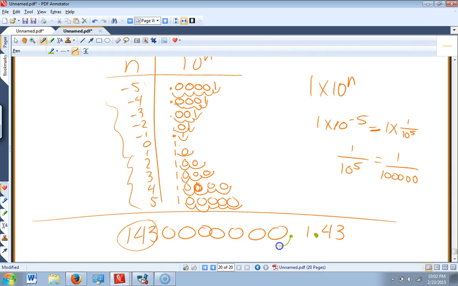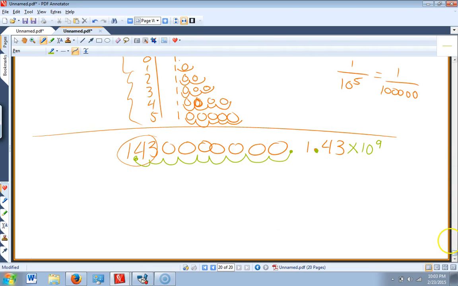So we're going to move it 1, 2, 3, 4, 5, 6, 7, 8, 9. Move it back 9 spaces, right? So that means we're multiplying 1.43 times 10 to the 9th. This is our place value. 10 to the 9th is just telling us what place these are going to be in. So it's 1.43 times 10 to the 9th, right?